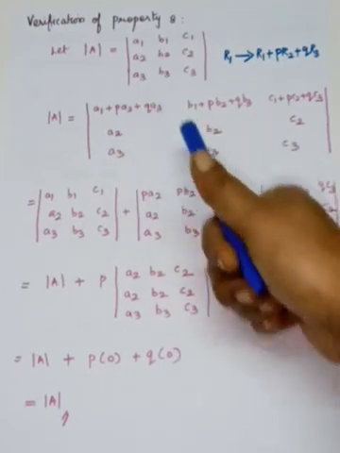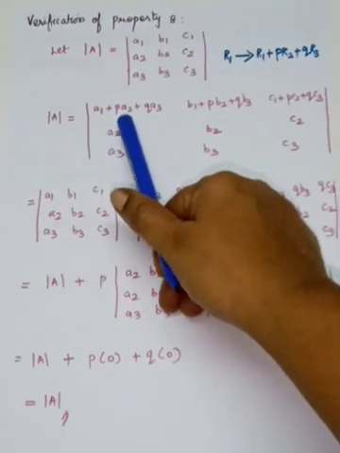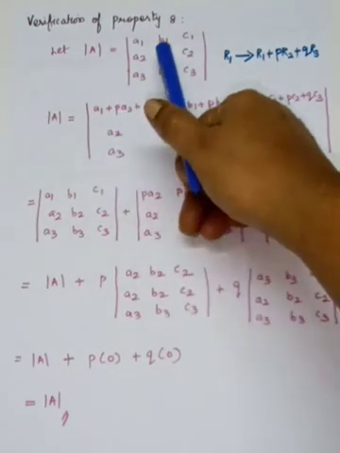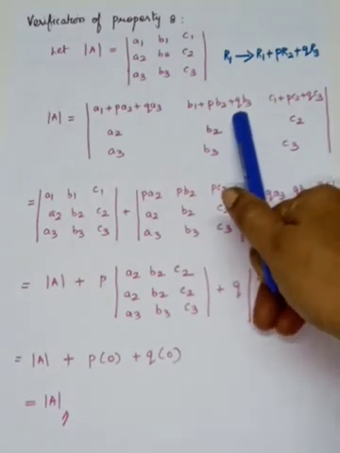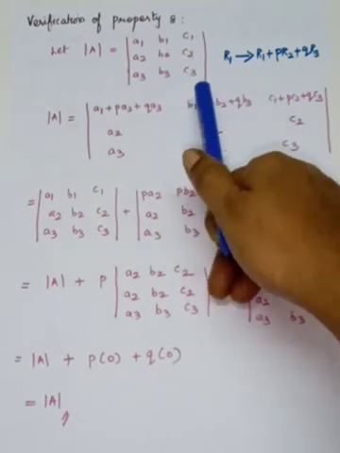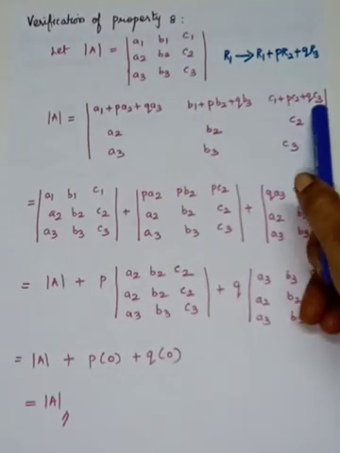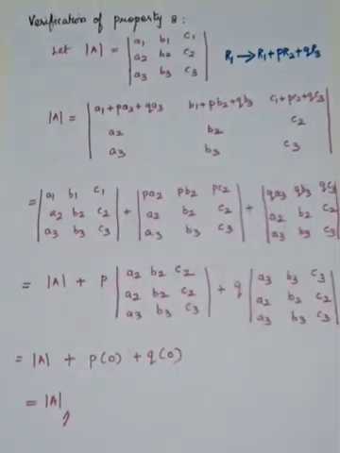So A1 plus PA2 plus QA3. In the same way, B1 plus PB2 plus QB3 and C1 plus PC2 plus QC3. The remaining rows have to be written as they are.